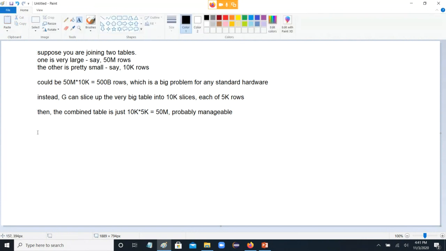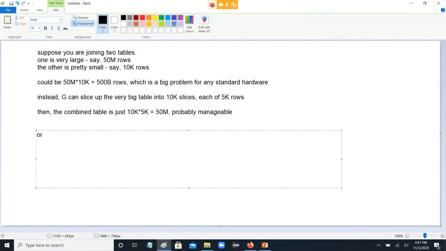Or depending on the query type, what I mentioned in the slides, you could slice the big table, which is slow to process anyway, right? Because it's going to have to all get run on one machine. That could take a while.